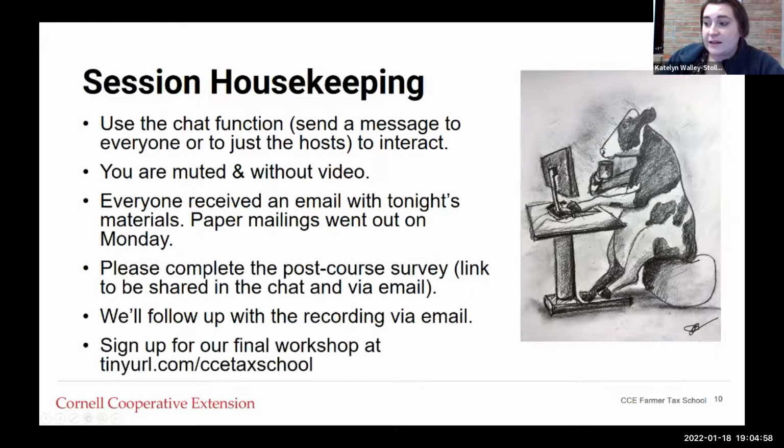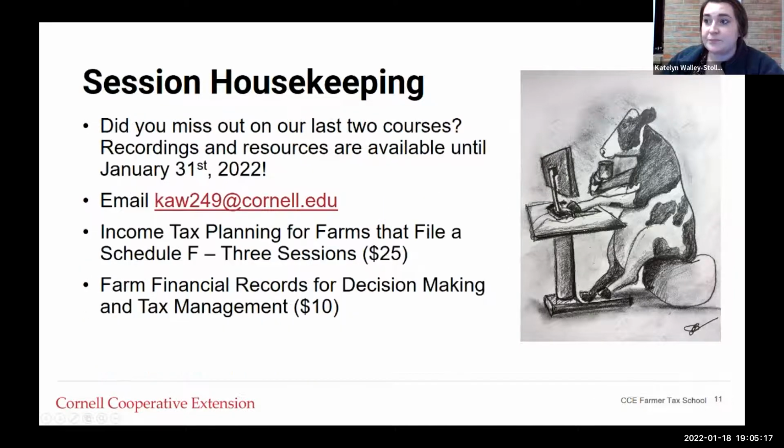Finally, we have one workshop left. Next week, we're going to be hosting tax code benefits for farmers. This will be for farms that are filing a Schedule F or operating as a business, and will include some of the perks that come along with filing as a farm business.